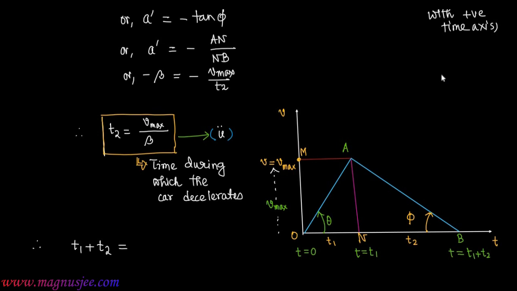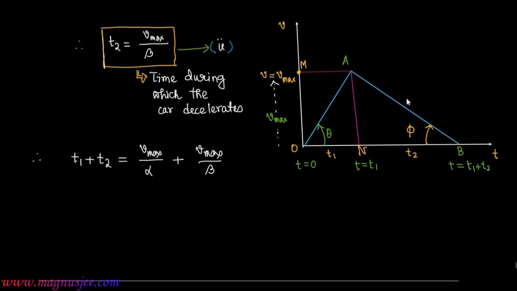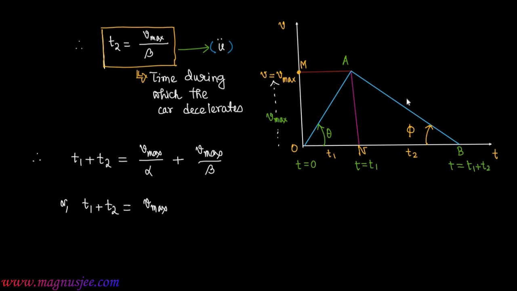Therefore, adding equations 1 and 2, we get t1 plus t2, that is Vmax by alpha plus Vmax by beta. Or t1 plus t2 equals Vmax taken common. So in place of t1 plus t2, we can write t equals Vmax times the bracket 1 by alpha plus 1 by beta.